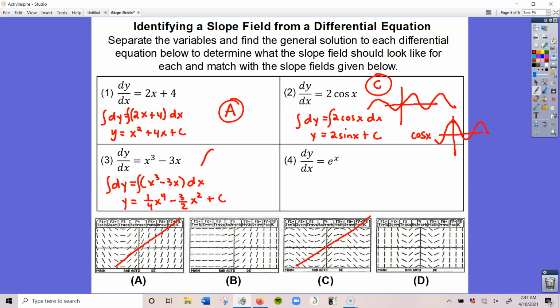So it could either look like this, 1, 2, 3 turning points, or like this, again 1, 2, 3 turning points, having up to 4 x-intercepts. When I look at my graphs here, the only one that would match would be D.